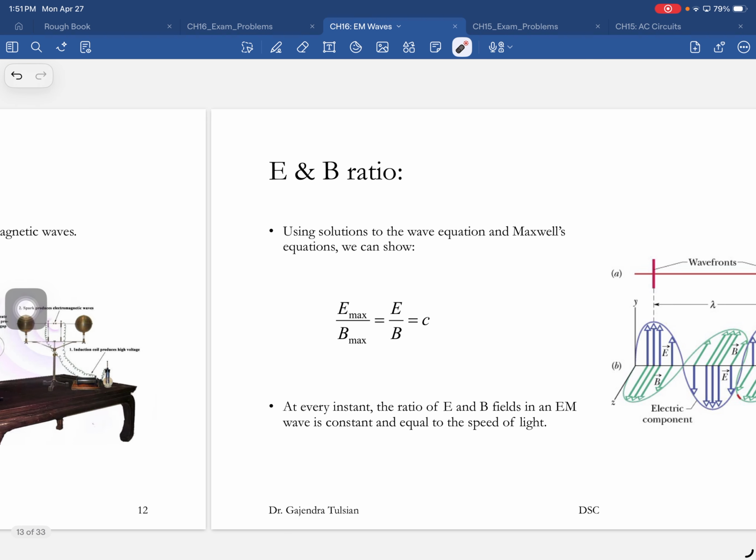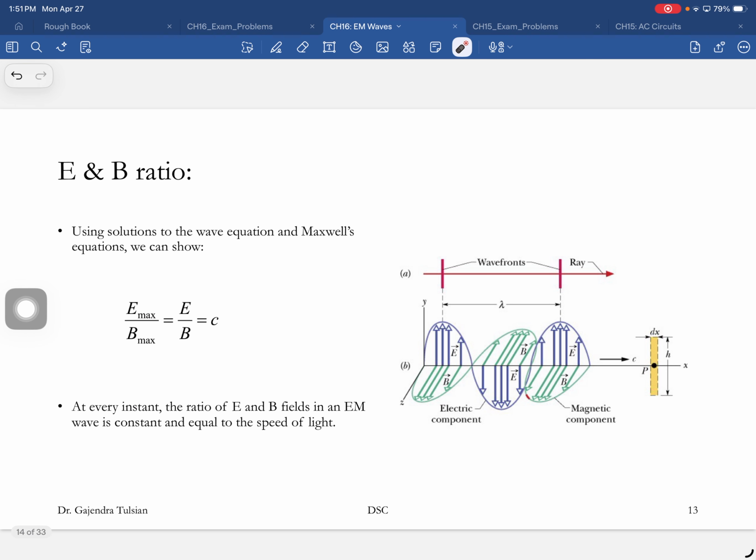They obey the principle of superposition. That just means that if you have one beam traveling like this, another beam traveling like that, and when they meet, to find the electric field, you just add the electric field of this beam and the electric field of the other beam. And similarly, you just add the magnetic fields of the beams.